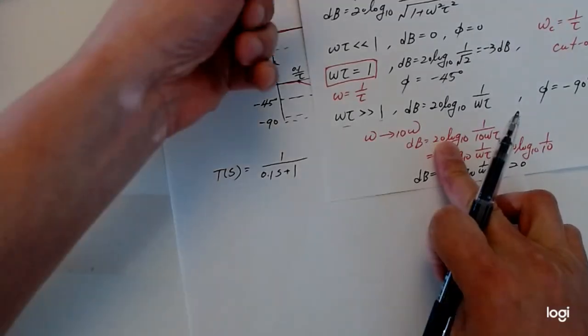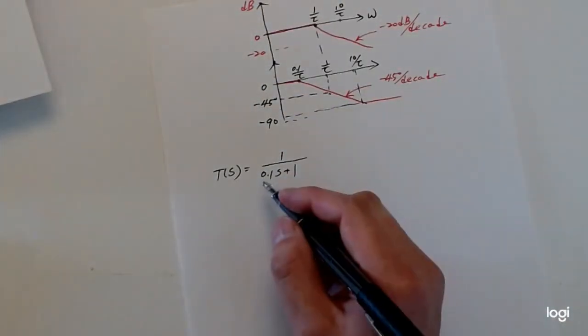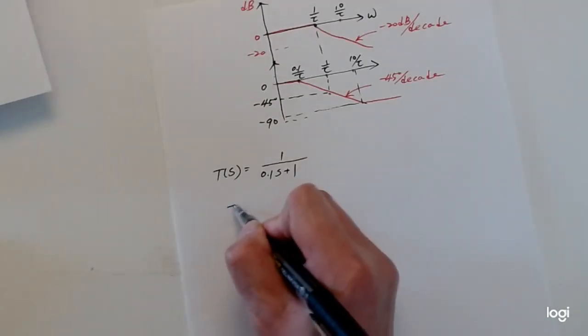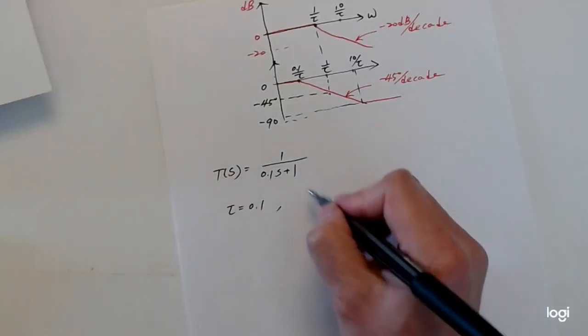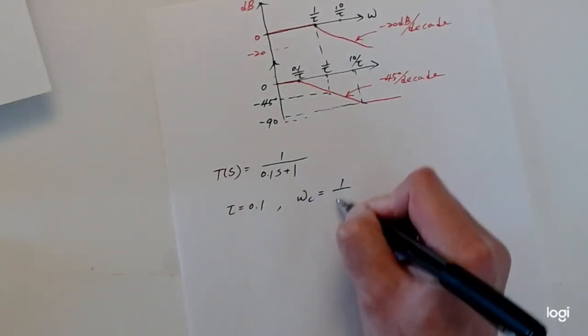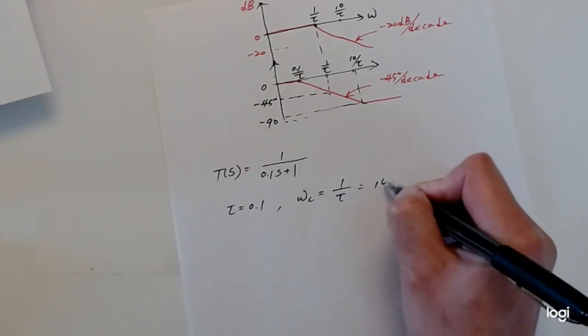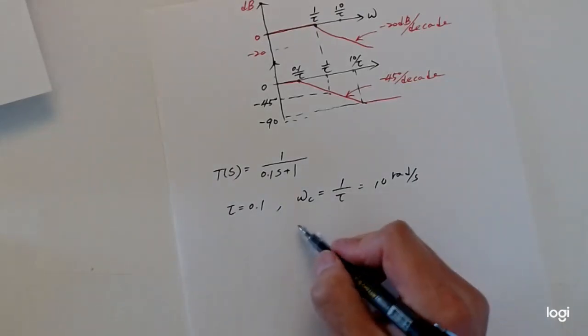All we need to do is identify tau, and then we can find it. So tau equal to 0.1. In that case, the cutoff frequency omega c is 1 over tau, which is 10 radians per second. So simply we draw the Bode plot.